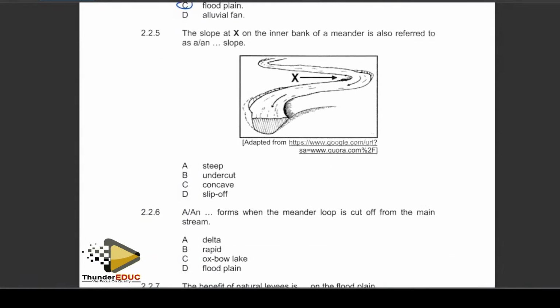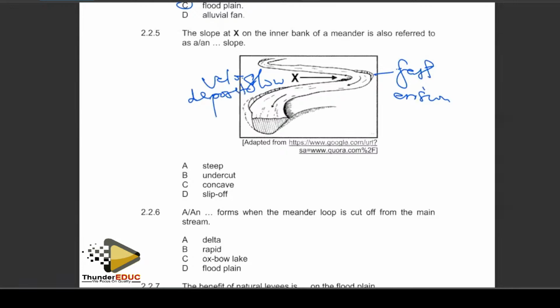The outer and the inner. The inner, that is where there is slow velocity of flow. The velocity is slow here, while it's fast there. Meaning to say, because of its fastness, there is erosion taking place. And here, because of its slowness, there's deposition taking place.